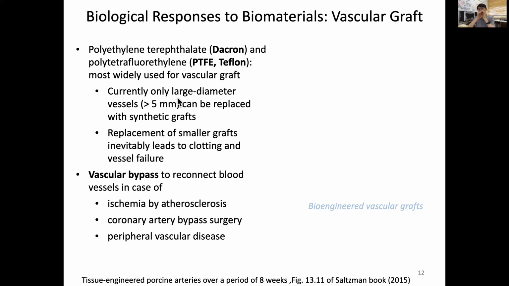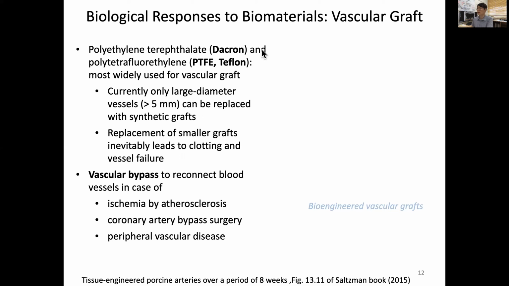Currently, only large diameter vessels can be replaced with these synthetic grafts, because smaller grafts inevitably lead to clotting and vessel failure, and we will see why. This is still a major issue which hasn't been resolved yet.